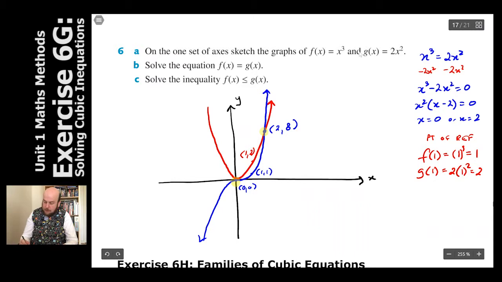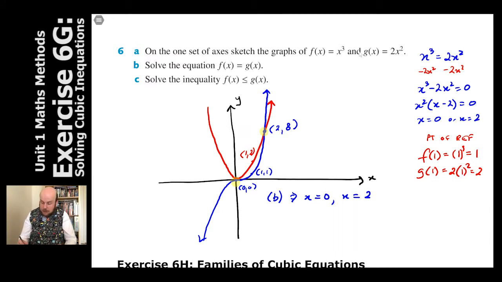So the answer for B is going to be when x is equal to 0, x is equal to 2. That's the points. Or we would say we can put the coordinates in there, 0, 0, and 2, 8.